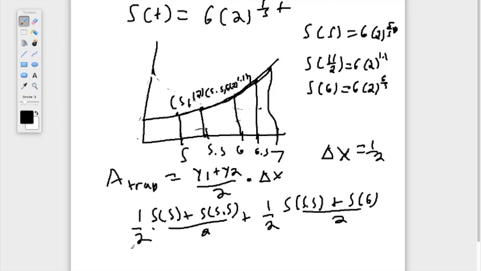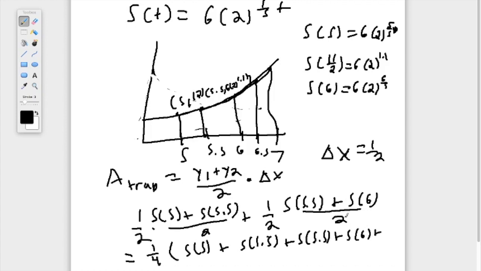Let me just make this easier and distribute the 1/2s. So this is the same thing as 1/4 times s5 plus s5.5, plus s5.5 plus s6, plus s6 plus s6.5, plus s6.5 plus s7.